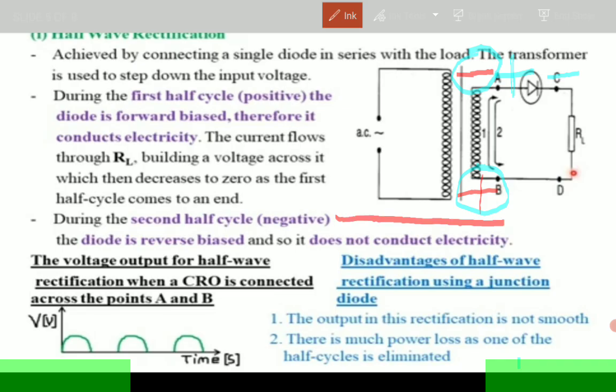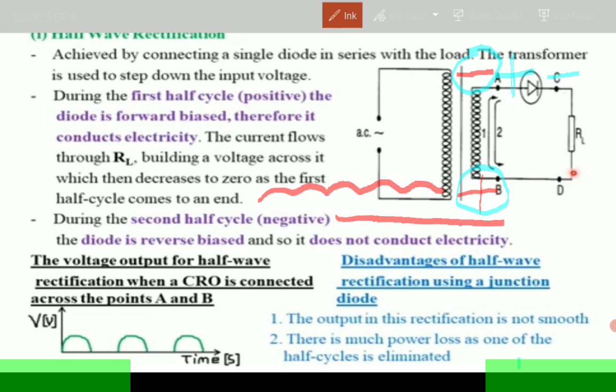No, it has what we call ripples. It's uneven. It is behaving like this. So this is not smooth. In other words, the direct current is not perfectly direct. It's not traveling in a straight path. It has these ripples, so it's not smooth.